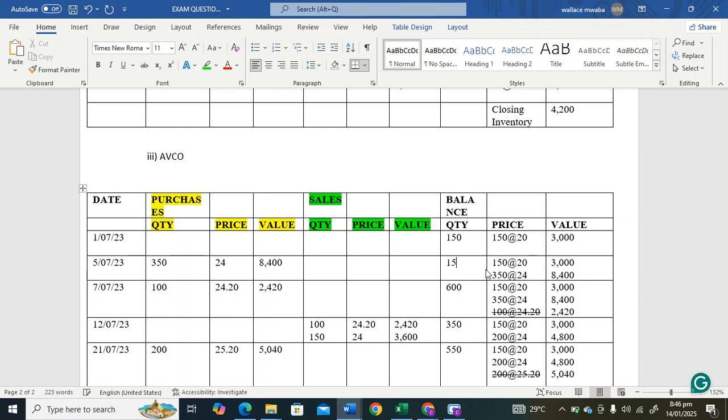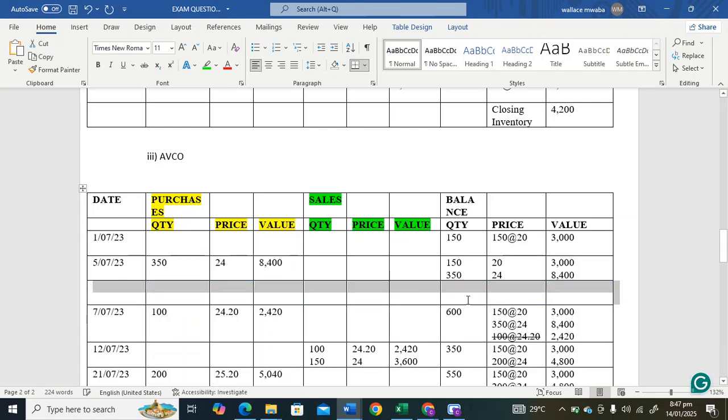We've got 150 goods valued at 20 kwacha, that is 3,000. Then we have 350 goods valued at 24 kwacha, that is 8,400. So we find what is our average cost of goods.